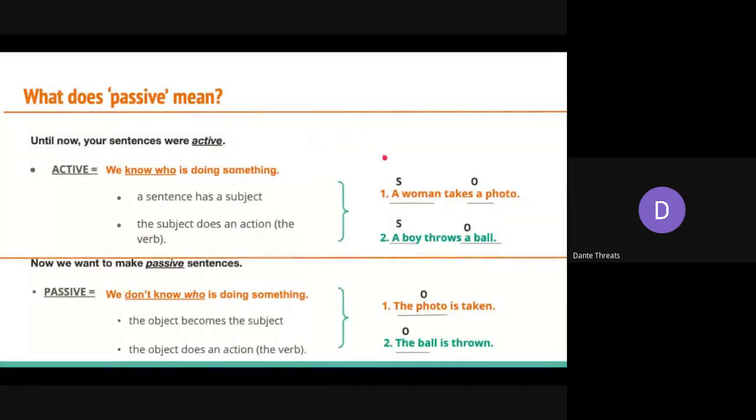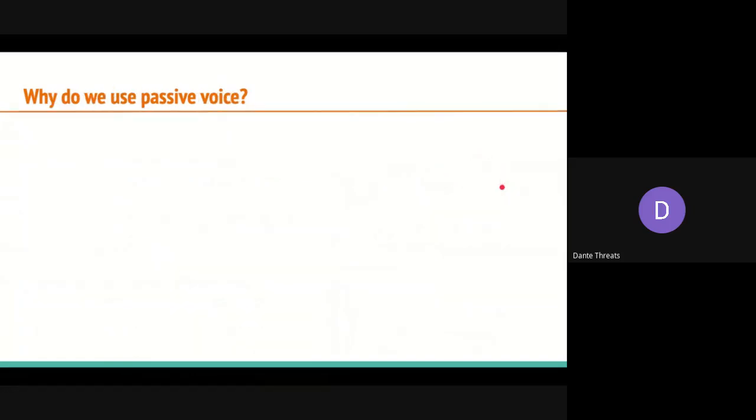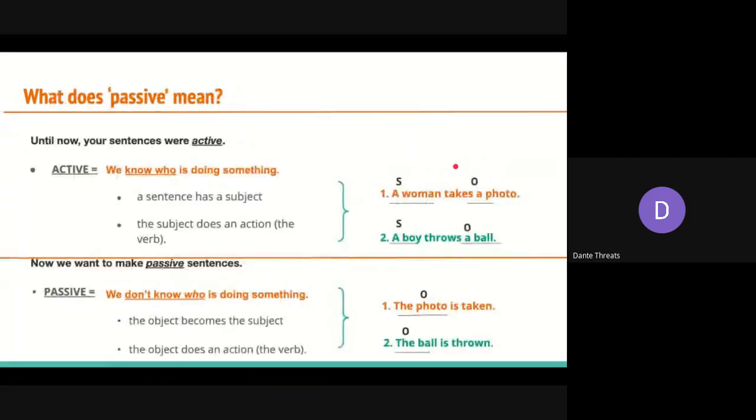So a sentence has a subject being a woman, okay? And that subject does an action, right? So a woman takes a photo, all right? So this verb is what the woman does, and this photo is what she does, right? So a woman takes a photo.